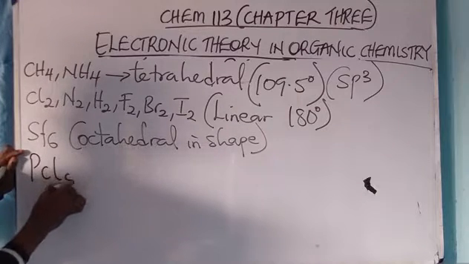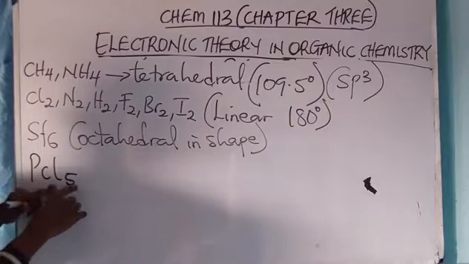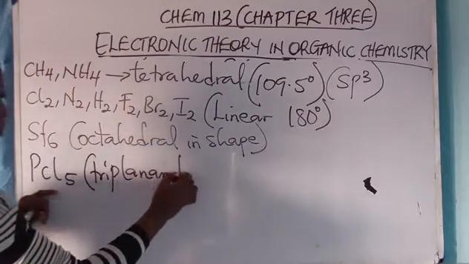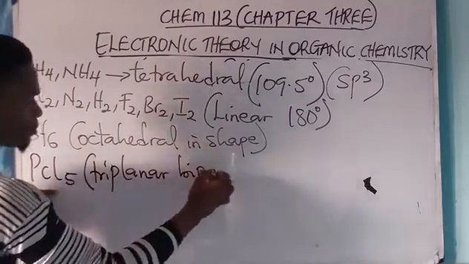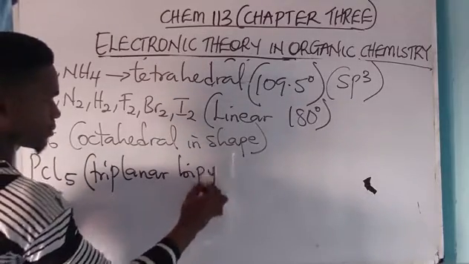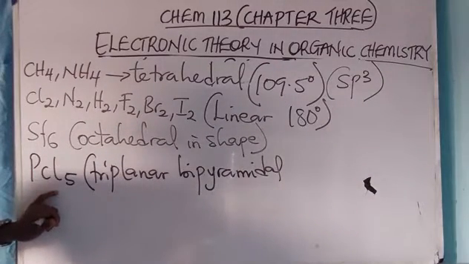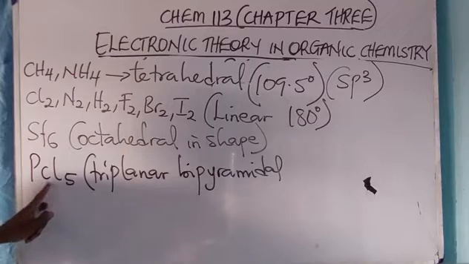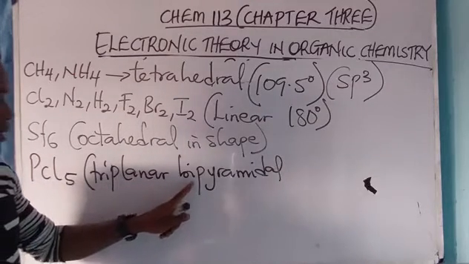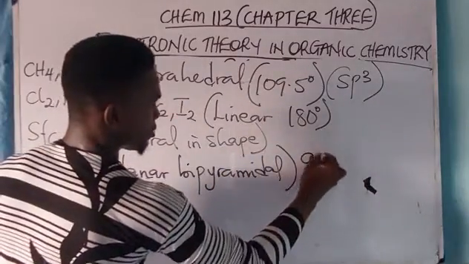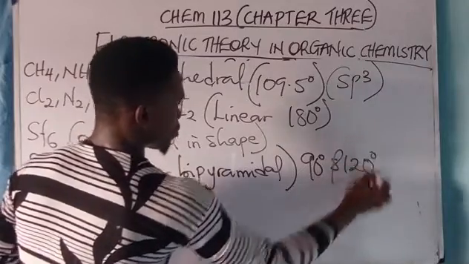Now, if I have phosphorus pentachloride, it is trigonal bipyramidal in shape, and it has a bond angle that is between 90 degrees and what? 120 or 180 degrees.